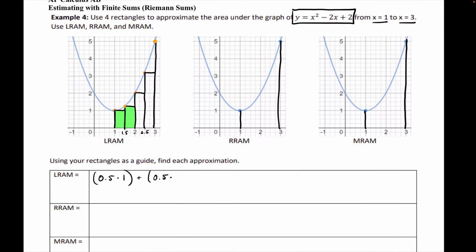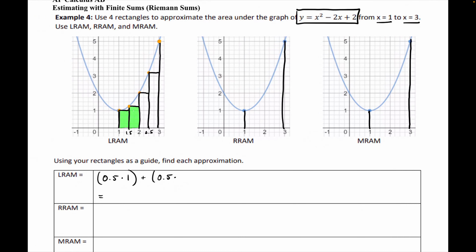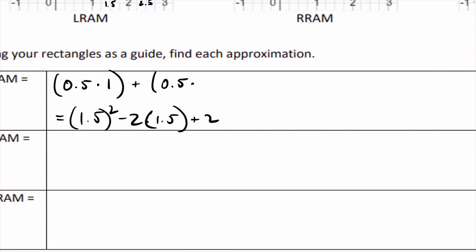So the equation is 1.5 squared minus 2 times 1.5 plus 2. 1.5 squared is 2.25. So it's 2.25 minus 2 times 1.5, which is 3, plus 2.